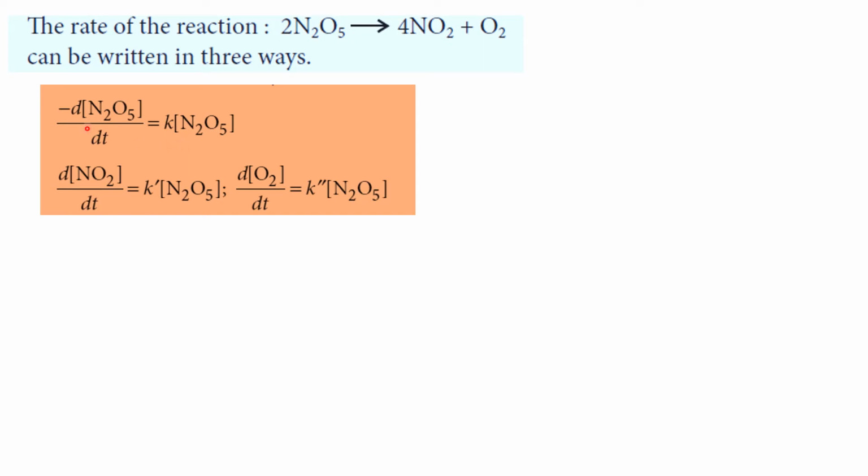Minus, reactants, so minus. Again, the change in concentration of NO2 with respect to time equals K dash into N2O5 concentration. The change in concentration of O2 with respect to time equals K double dash into the concentration of N2O5. Every time the N2O5 concentration is common.